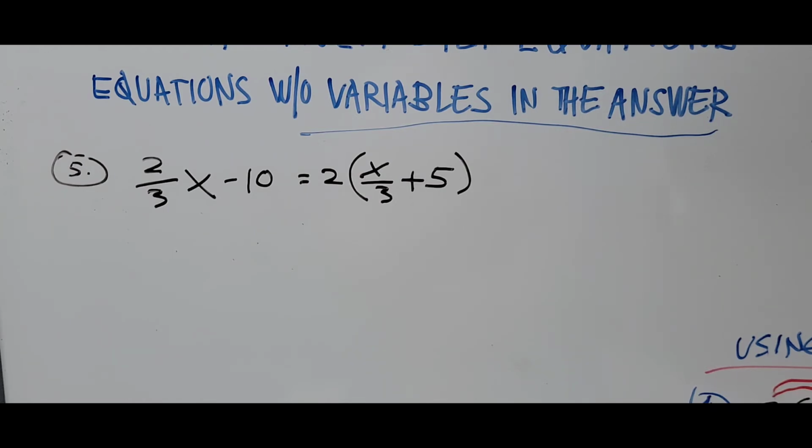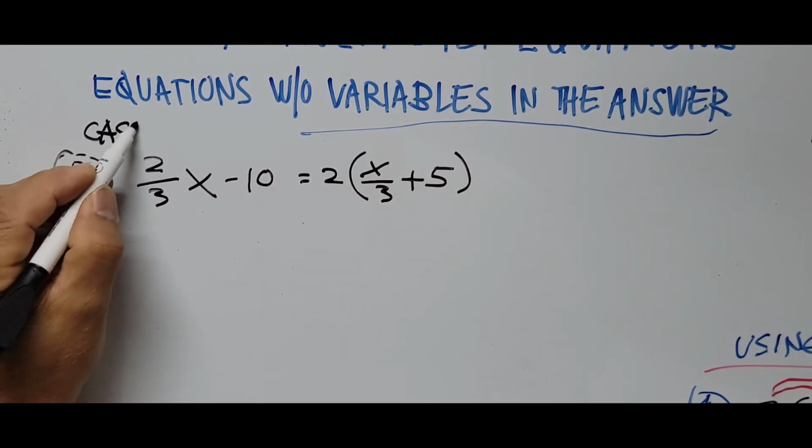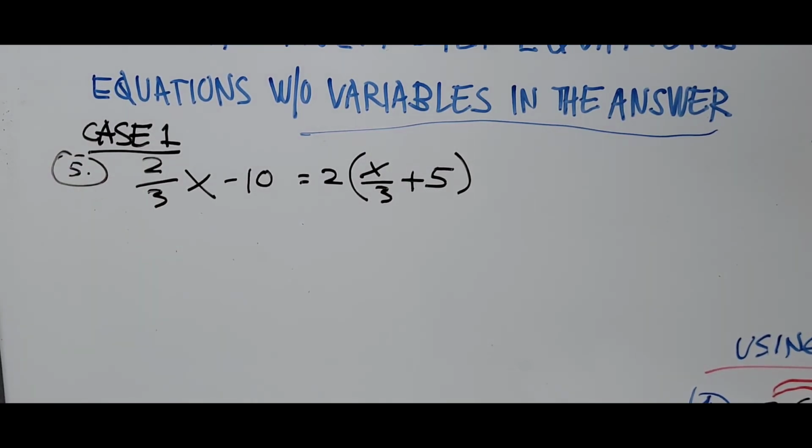Or we call that an empty set. Alright, so let's do it. So that's the first case, or case number 1. Okay, so first we solve the equation. So I'll show you what does it mean by that. No solution to the answer.